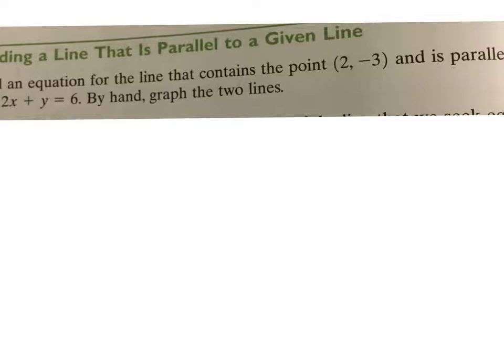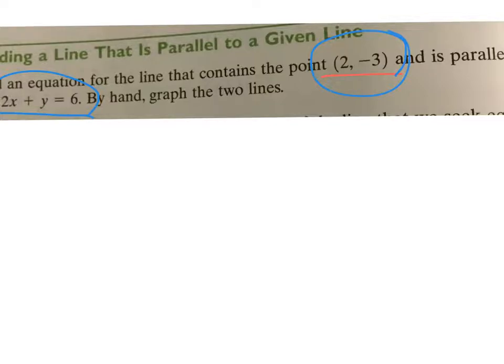Okay, here's the next one. We're told to find an equation for a line that contains the point (2, negative 3) and is parallel to this line. So I'm looking for my own line. I know it goes through a point and is parallel to another one. So what does being parallel to another line help me with in finding an equation for my slope?